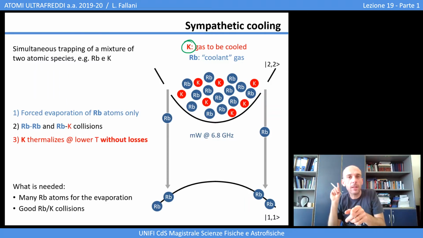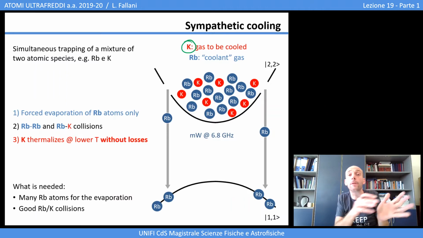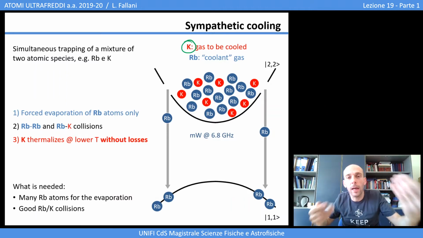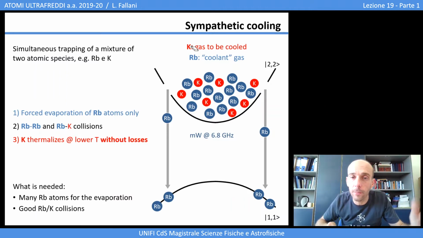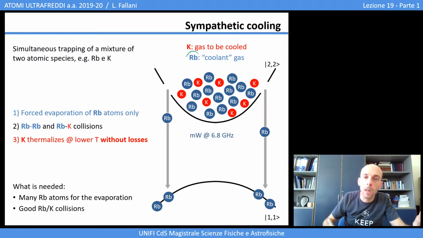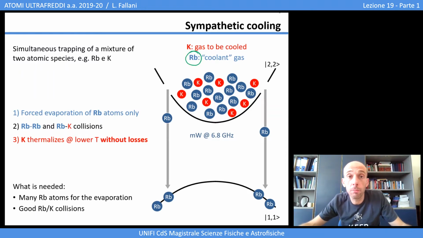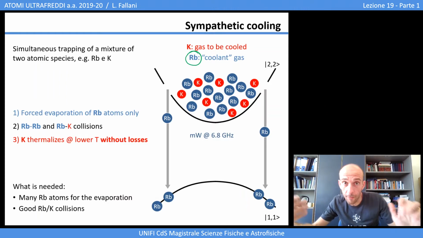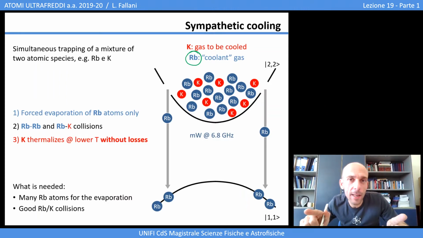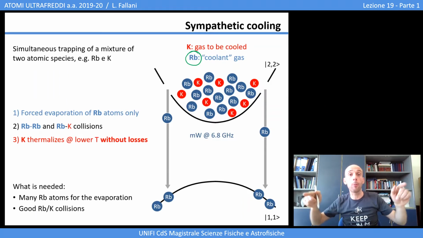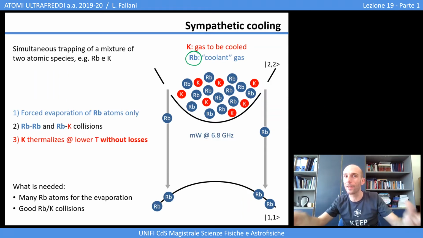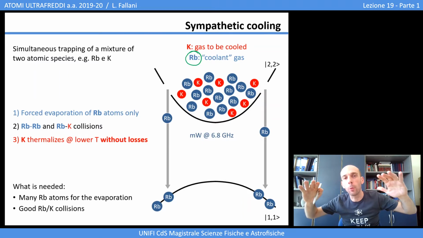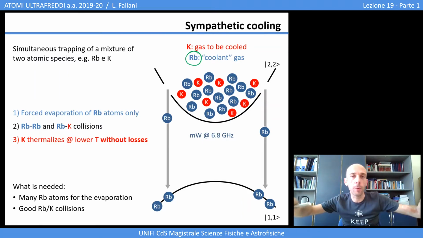And so in this case, we use the presence of the other gas that we can consider as a kind of coolant gas. We take rubidium, which is a gas that can be cooled very well by evaporative cooling. So the idea is to perform a forced evaporation on rubidium, the coolant gas. Rubidium will cool, so the temperature of rubidium will decrease.